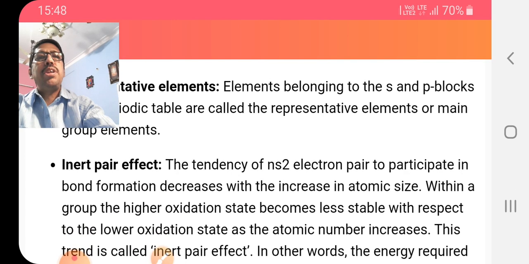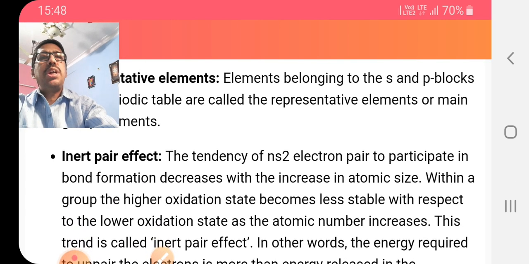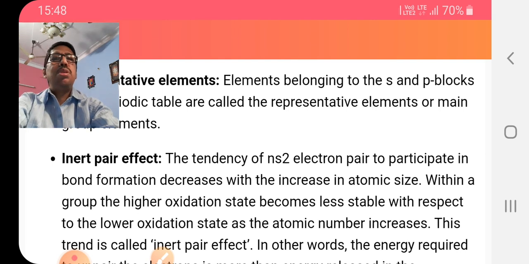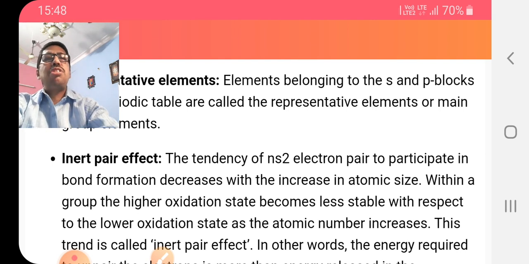This is a very important point that we have to understand, and let us try to understand the meaning of inert pair effect.